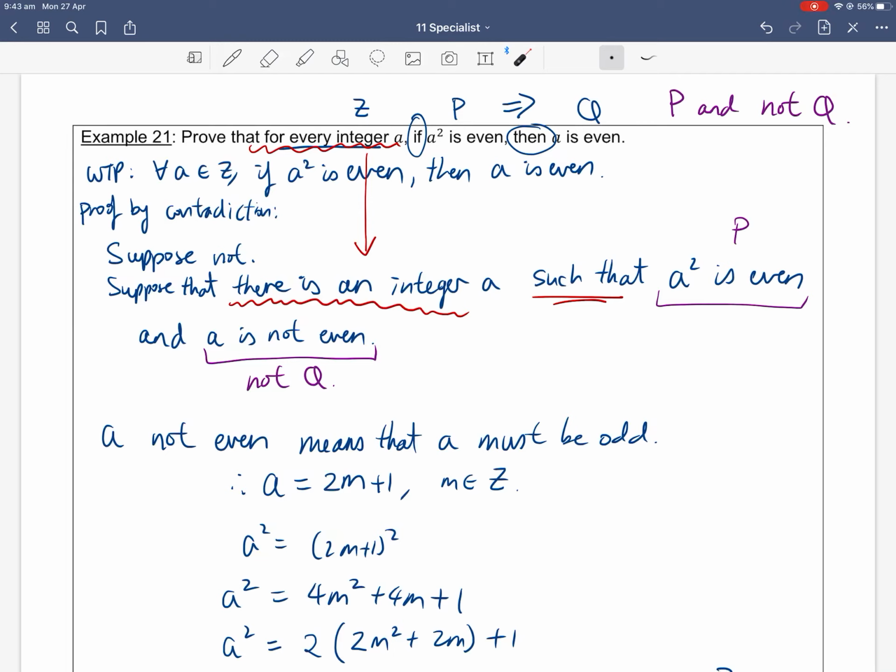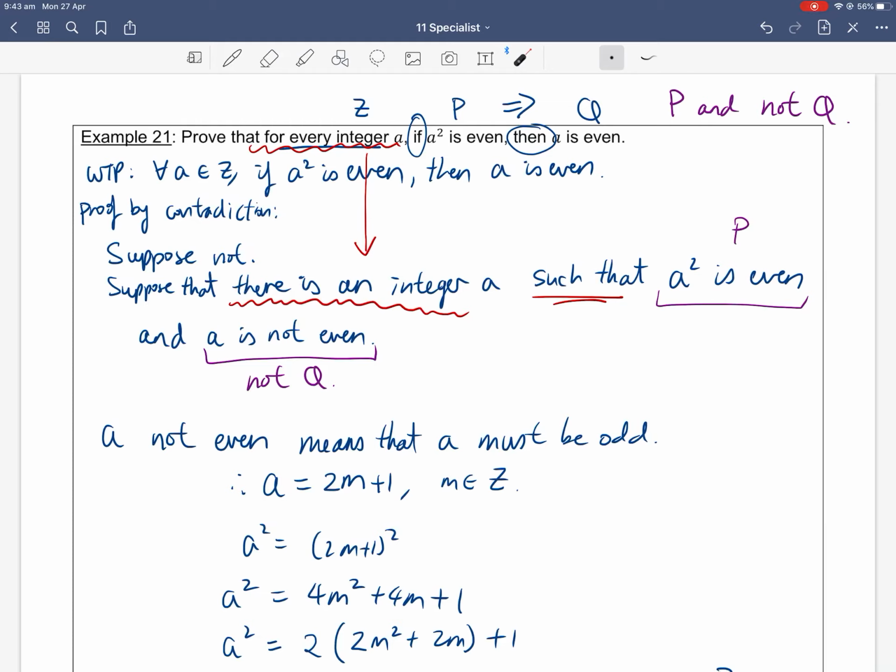So in this example, we wanted to show that for every integer a, if a squared is even, then a is even. So we write down what we want to show. We're going to prove this by contradiction. Or suppose not. Suppose the opposite happens. What's the opposite of that? So suppose that there exists an integer a, because the opposite of for every is there exists.